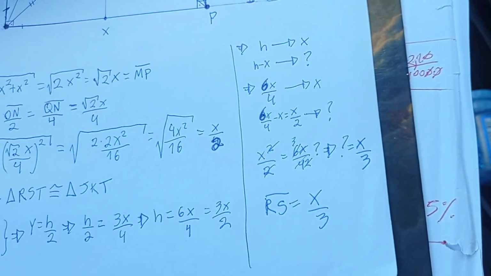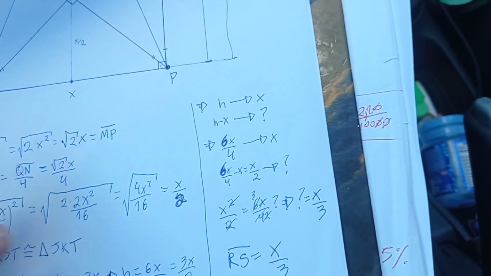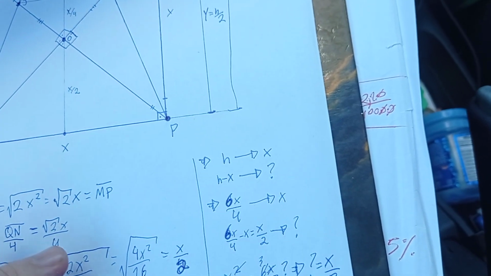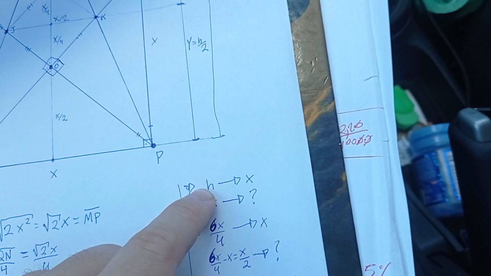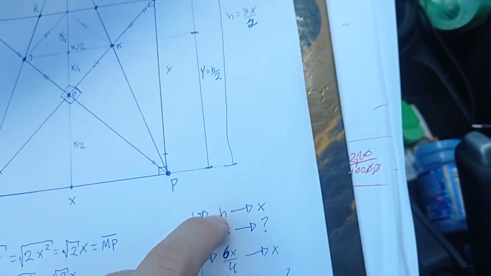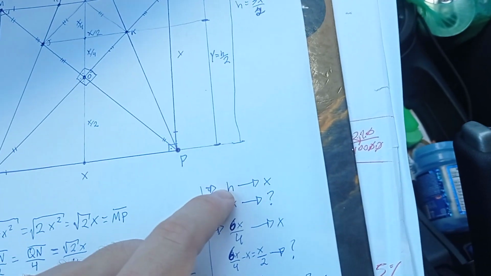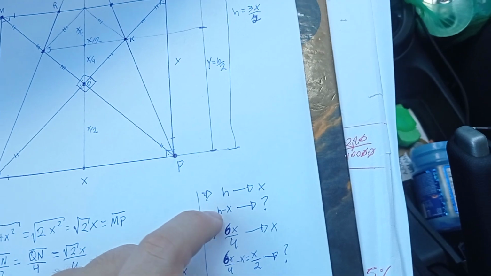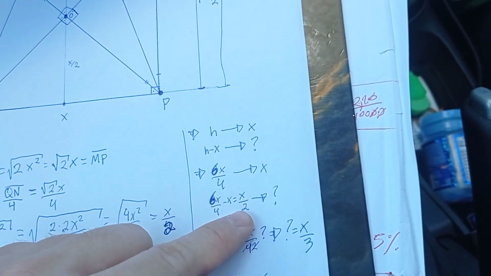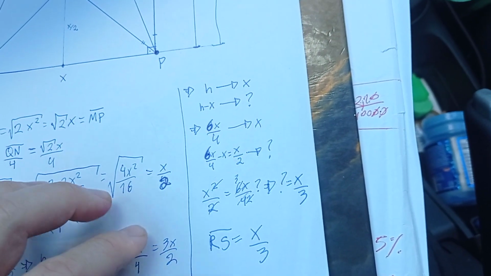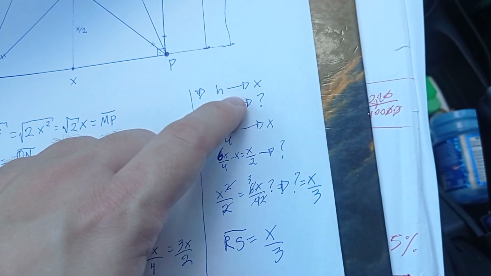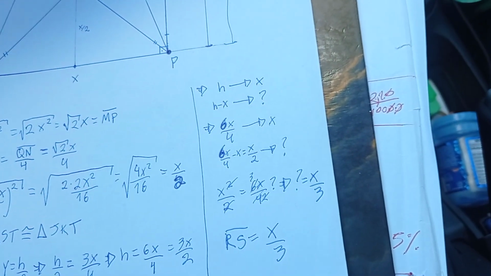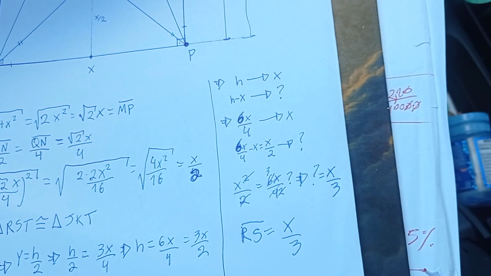And if we do this procedure, and by that I mean we apply h being equal to 3x divided by 2 and h minus x being x divided by 2, we get the following after doing the cross multiplications here for the similarity or proportional math.